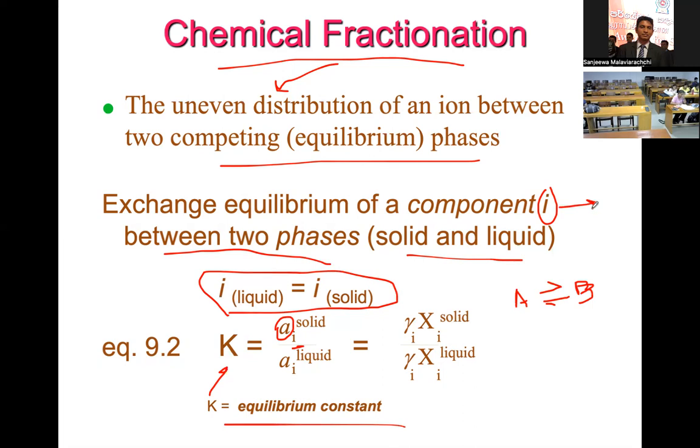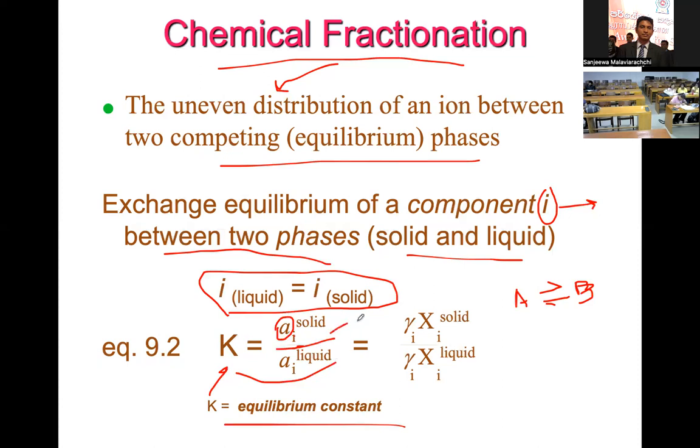Commonly we consider one component, say I, or you can say the nth component, it doesn't matter. So the equilibrium constant is defined by the activity of the element I in the solid phase divided by the activity of the ith element in the liquid phase. Okay, so this is the definition.